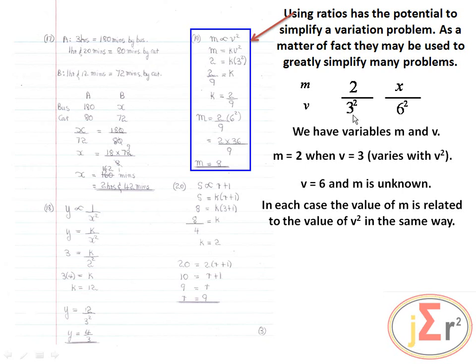So 2 over 3 squared is exactly the same as x over 6 squared. Now, we need to organize our equation saying that this one is equal to this one. But when writing an equation that involves fractions, the most efficient way of expressing it, in order that we may solve the problem in the least possible number of steps, and as a consequence, the shortest possible time, what do we do?